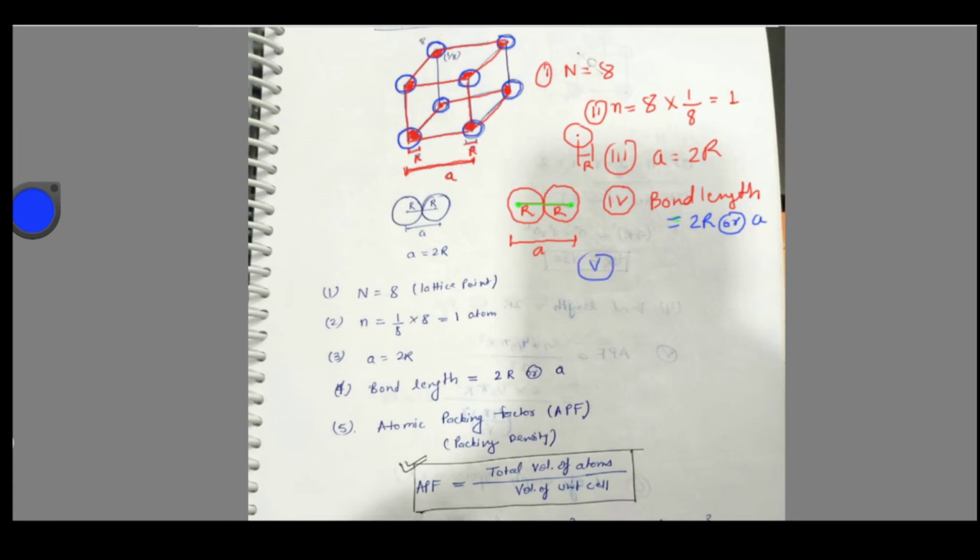And the fifth part is atomic packing factor, or packing density.